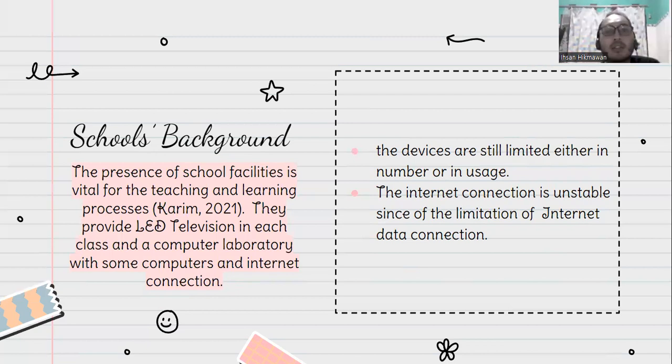However, if you look at the quantity of students, the devices are still limited, either in number or in usage. And even though the school has provided internet connections, they are unstable if most of the people at school use them.